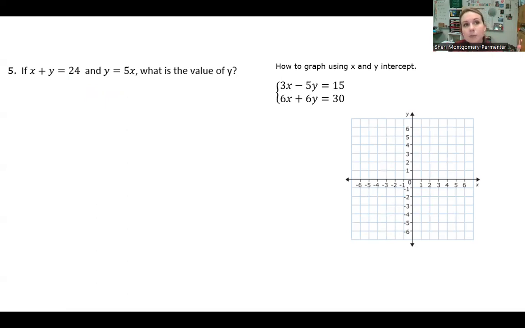So it says if x plus y is 24 and y is equal to 5x, what is the value of y? Before we can even figure out y, we will substitute. We will take y is equal to 5x and plug it in right there. So I'm going to rewrite this problem.